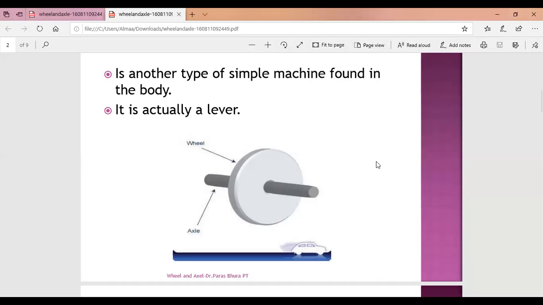For example, this is a car here, and a car has many wheels. So the car is moving by using what? By using the wheels. Can you imagine cars that don't have any wheels?